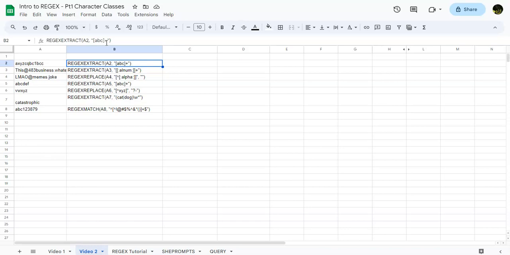And to get even more confusing, you'll see the caret. If you remember from the previous video, I believe it was the anchors video, the caret is used for the beginning of a string. However, and this is the thing, when it's encased in square brackets, it means not. I know.